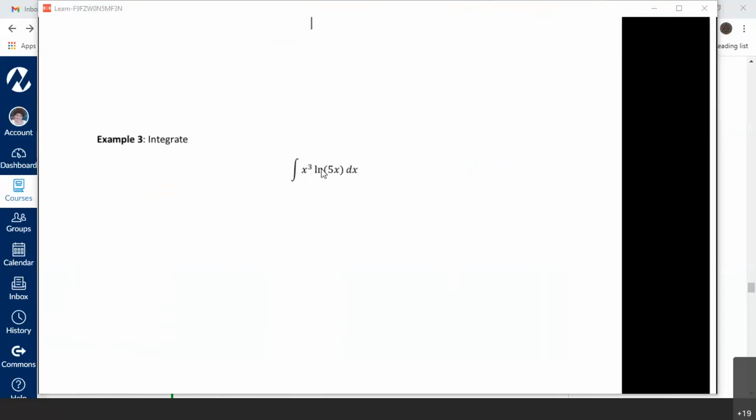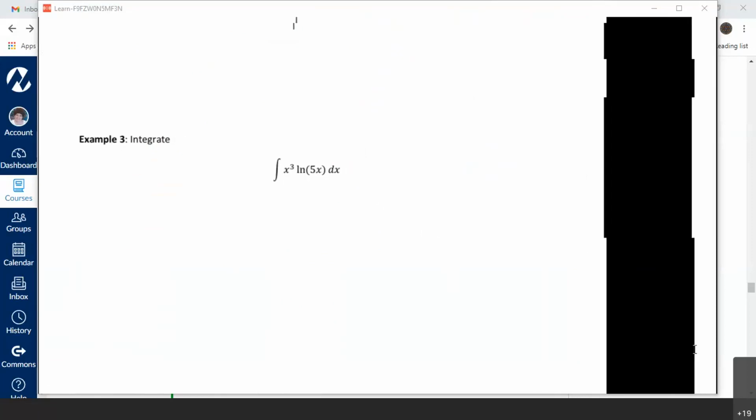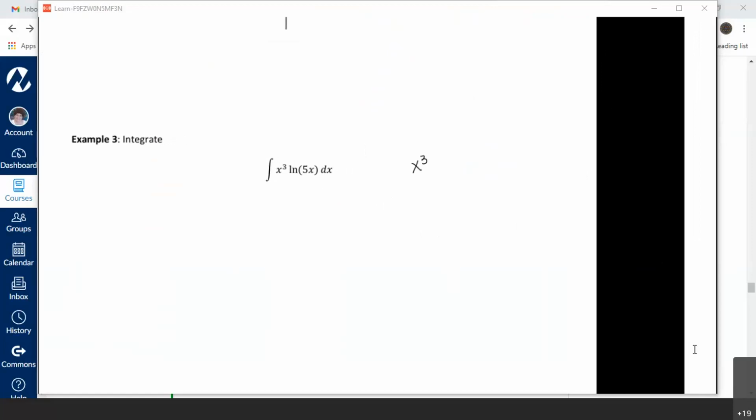We have a polynomial, which is x cubed, which again I'm going to call algebraic. And then I have ln 5x, which is a log function, obviously.